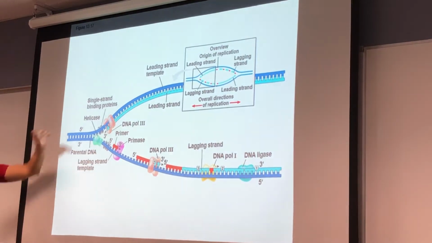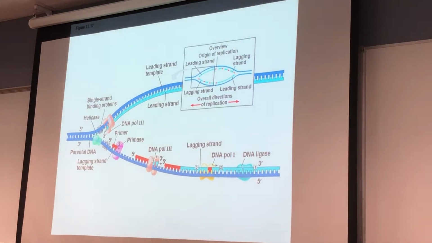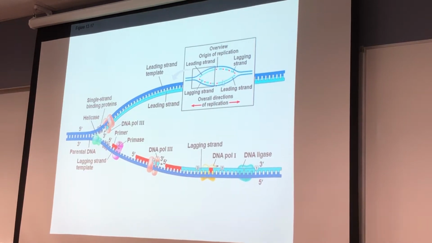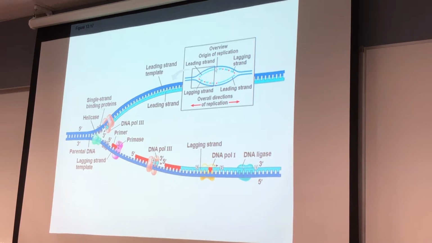Would the leading strand first be a lagging strand and then become a leading strand? That's what you're referring to right here, right? How on this side it is the leading strand, but here it is the lagging strand. That's because it is on the other side of the replication fork. Let's say here is the 5' to 3' end.